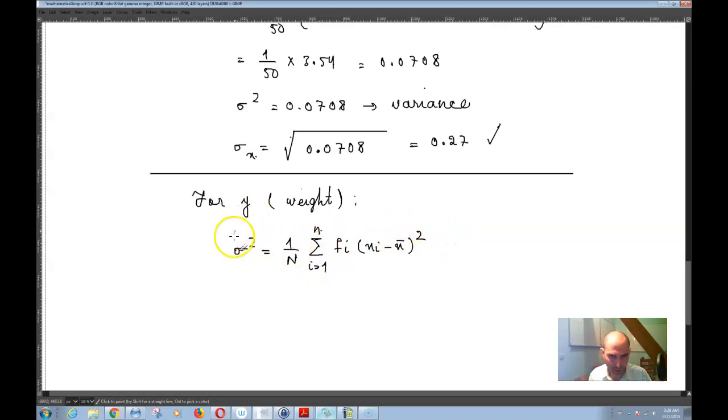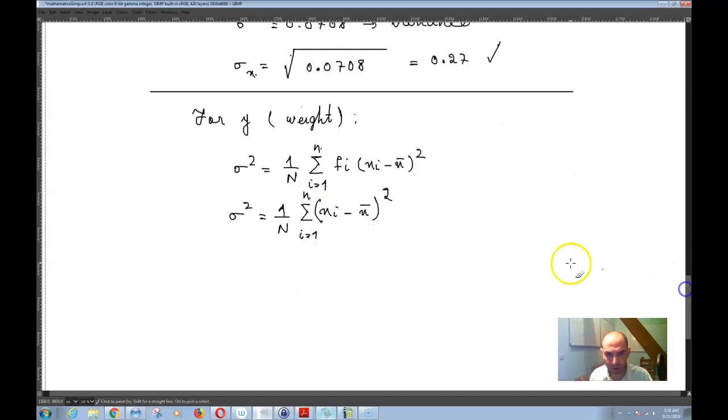And we agreed to not use f of i, so I can write sigma squared is equal to 1 over n times sigma of x of i minus x bar whole squared as i goes from 1 to n.